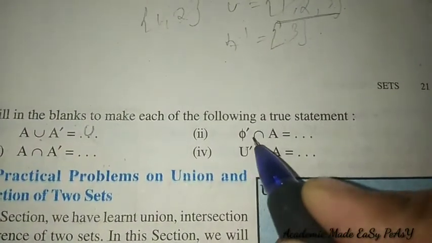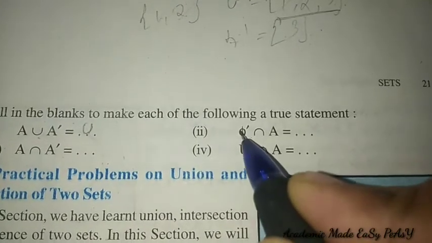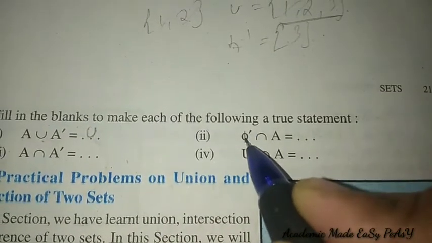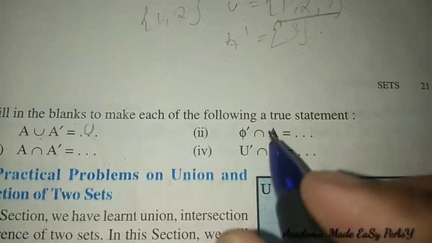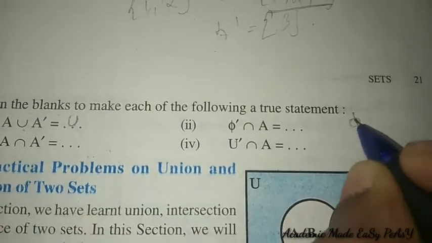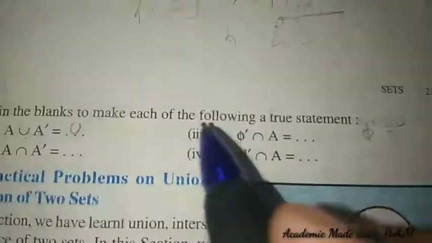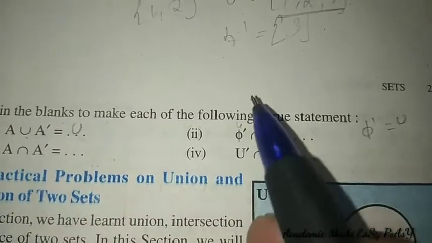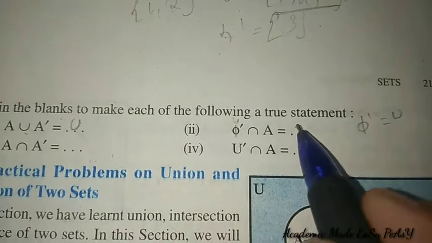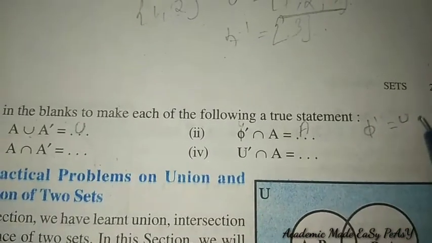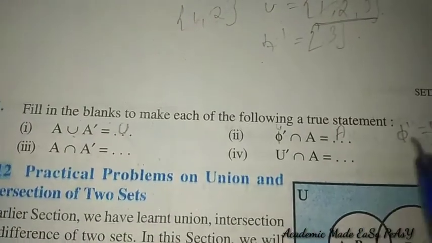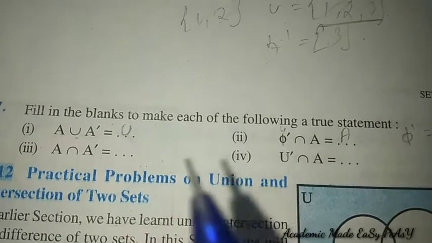So null set intersection A. So null set dash, here it is phi dash. Already we learnt what phi dash is. Phi dash is equal to U, isn't it? So this one will be my U. So U intersection A will be A only. If you're clear with the properties, this one will be very easy.